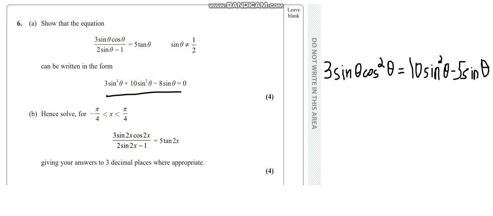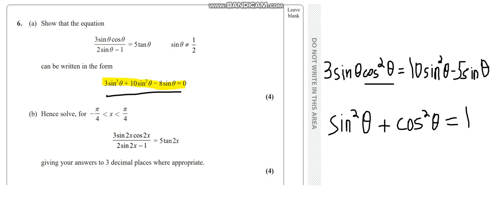And if you can see, our equation has to be written in the form of 3 sin³θ, the highlighted part. We can see sin θ everywhere, so we have to eliminate cos θ from the left hand side of the equation. To do that, I'll use identities.